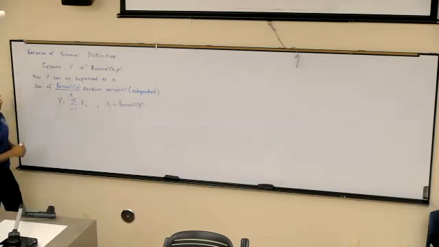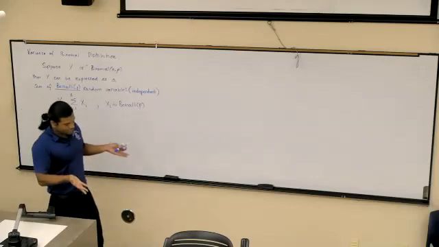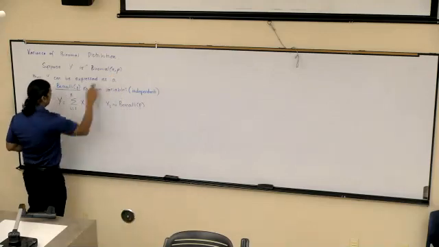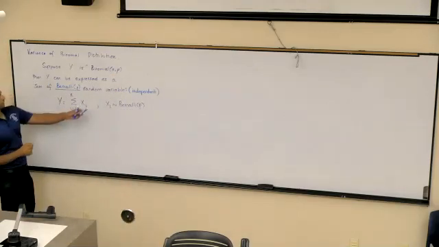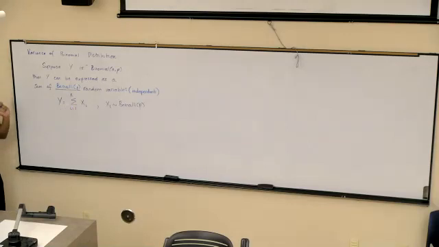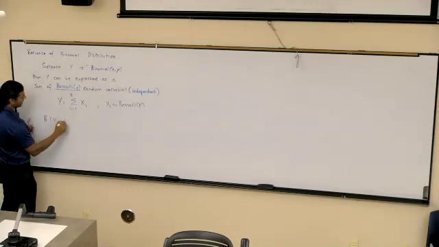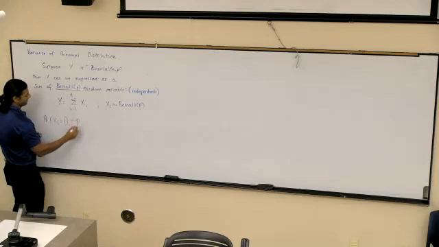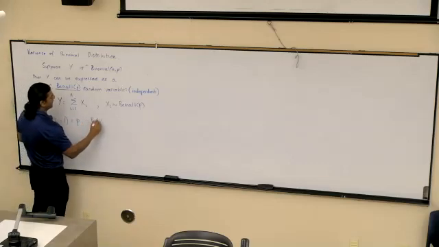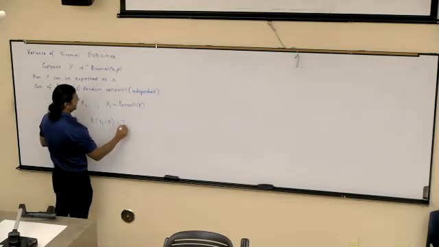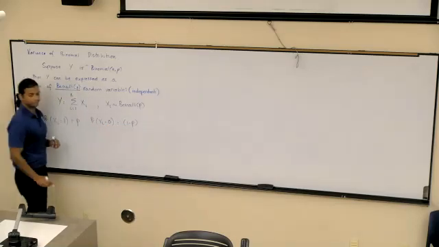So we need n independent Bernoulli trials, where each xi is Bernoulli p. In order to get n here, I must sum n of them. We know the PMF of a Bernoulli: probability of xi equals 1 is p, and probability of xi equals 0 is 1 minus p.